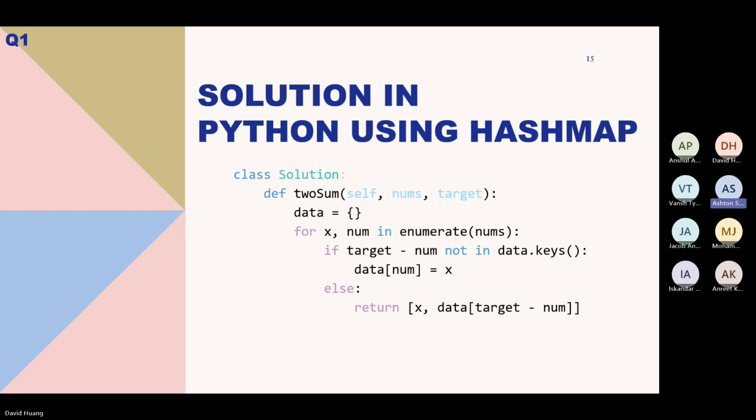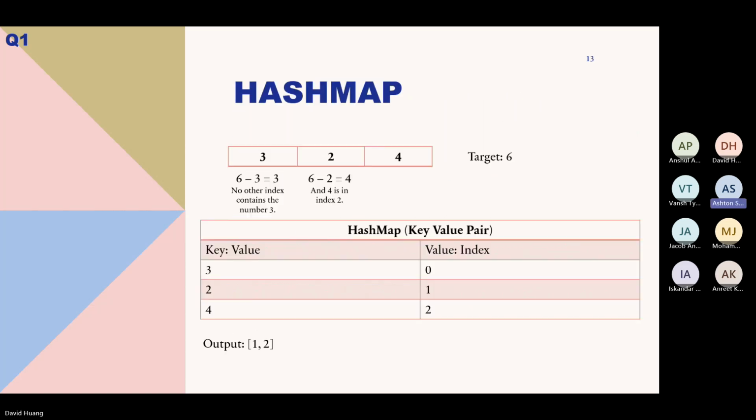So going back to this example, for the first iteration, x is equal to 0 and num is equal to 3. The second iteration, x is 1 and num is 2. The third iteration, x is 2 and num is 4.